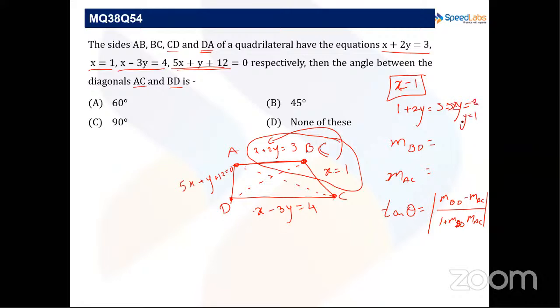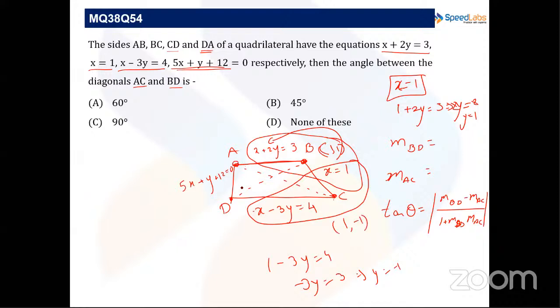So on solving, y equals to 1, so we will get the coordinates 1 comma 1. Similarly, you can solve for these two. On solving for these two, you can get x will be 1, and putting x equals to 1, minus 3y equals to 4, so 3y will be equals to 3, so y will be equals to minus 1. Similarly, we can solve these two equations to find these 2 points.